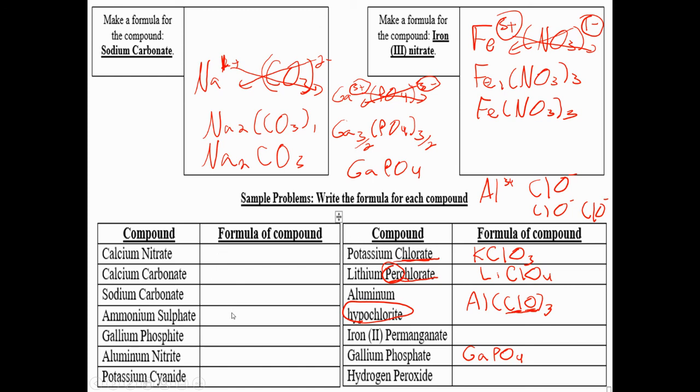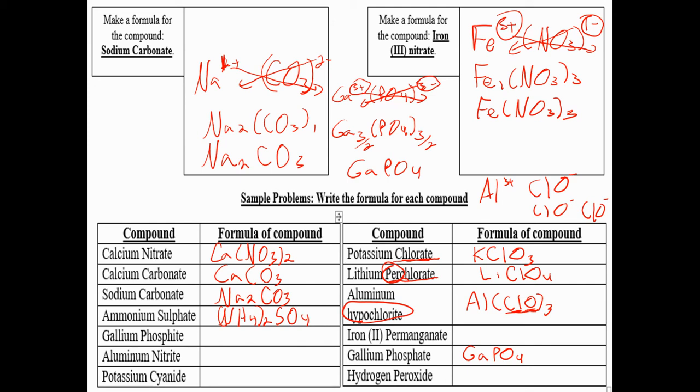Let's do the ones on the left side first, and we'll come back to these ones after. So calcium nitrate would be Ca(NO3)2. Calcium carbonate, CaCO3. There's a reduction that had to happen there. Sodium carbonate, we just did that above, Na2CO3. Ammonium sulfate, (NH4)2 in brackets, 2, because sulfate has a charge of -2, SO4. You have to do crisscrossing with the ion there. So be careful.